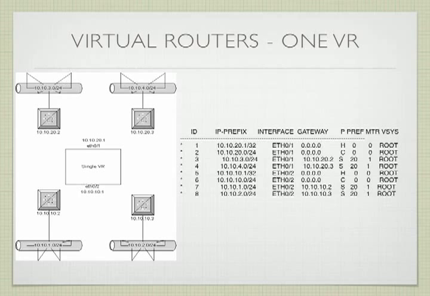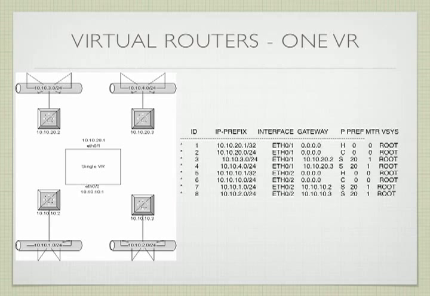The next two routes, Route ID 3 and Route ID 4, you can see are static routes. That's the S in the column indicating the kind of route it is. Those do have a gateway and an interface. And in this case, the gateway is going to be the IP address of the router that services those subnets.